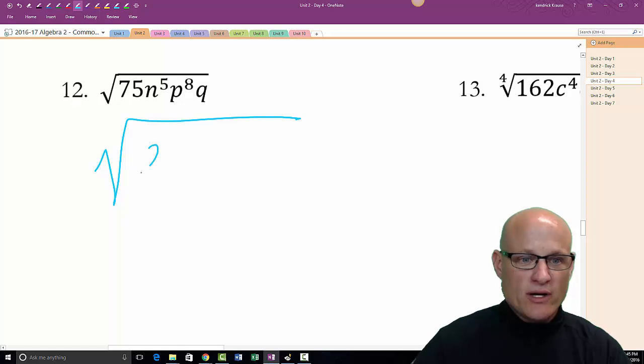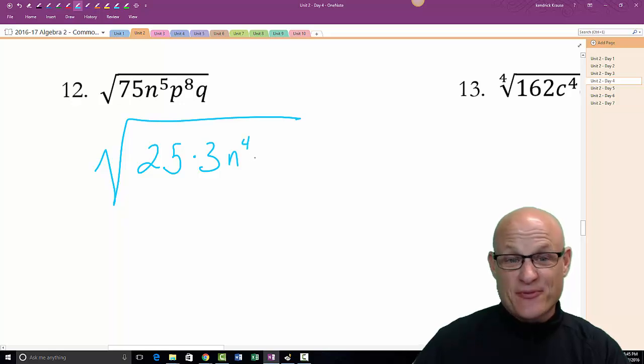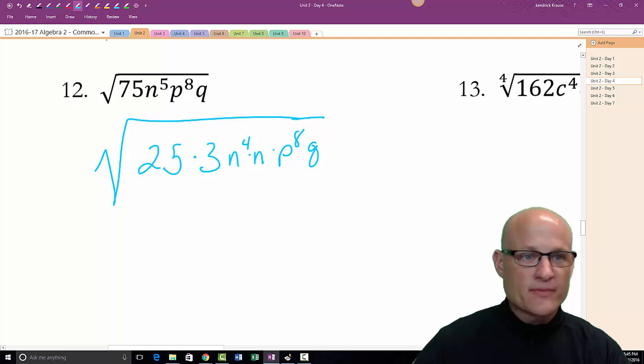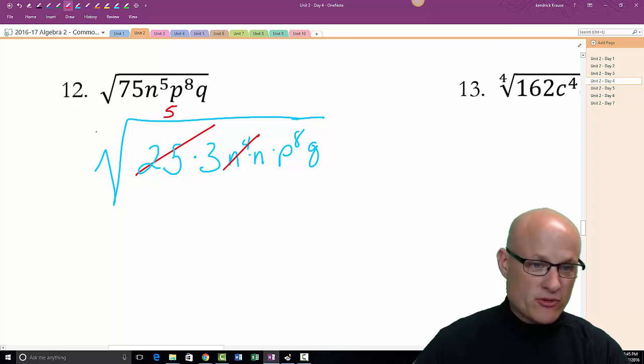Square root 25 times 3 n to the 4th. That's as close to n to the 5th as I can get. We want even numbers. N times p to the 8th is fine. And then q I can't do anything with. So square root of 25 is 5. The square root, remember looking for groups. Remember there's really just a 2 here.